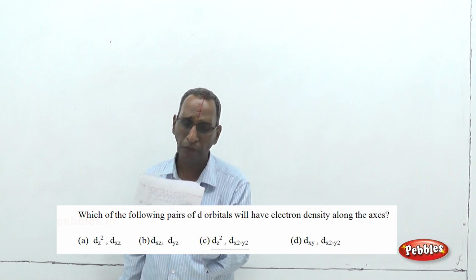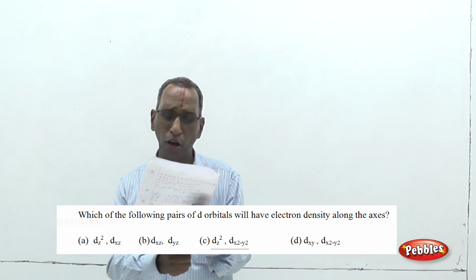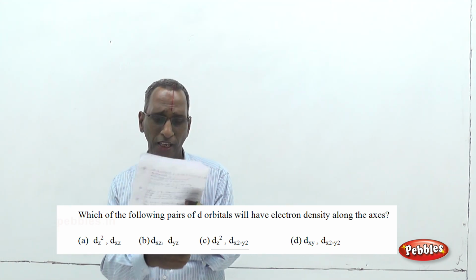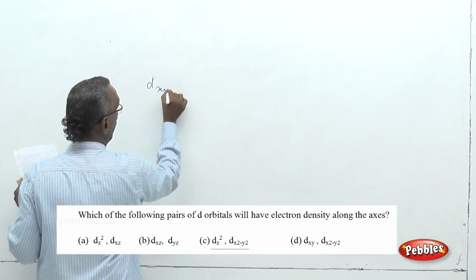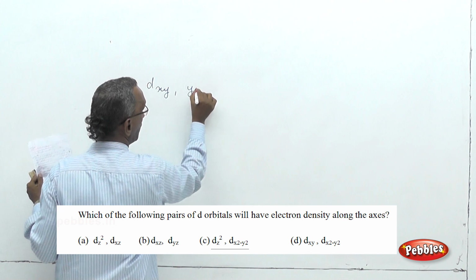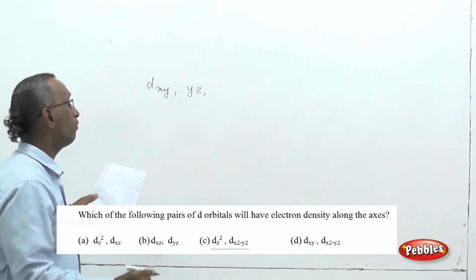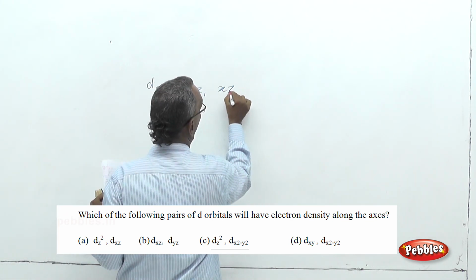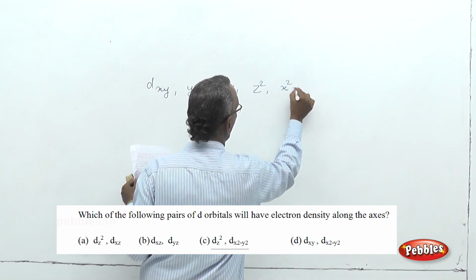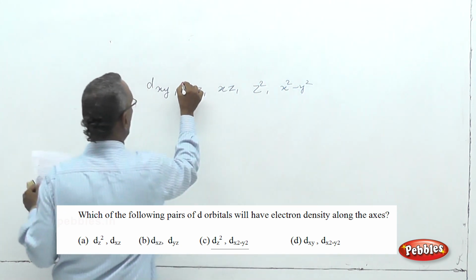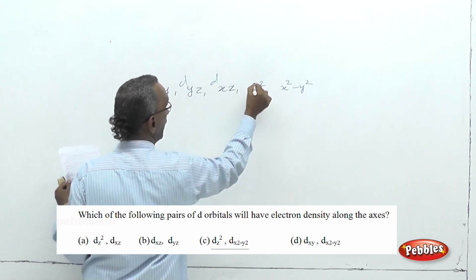It reads: which of the following d orbitals will have electron density along the axis. There are 5 types of d orbitals. They are represented as xy, yz, xz, z squared and x squared minus y squared. You have to put the d in all the cases.